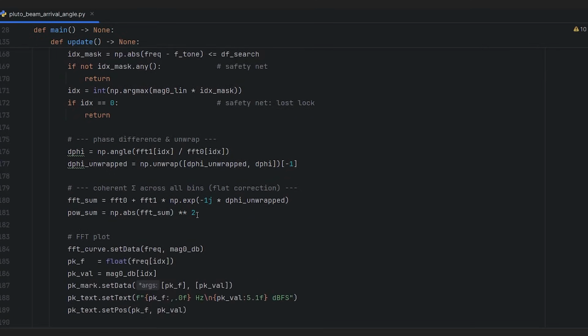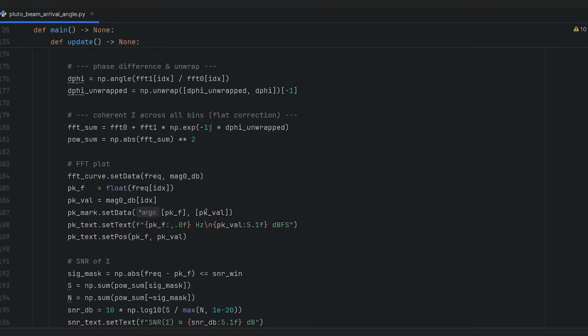Then what we need to do is first add the two received channels, basically because we know the relative phase difference between them. We just compensate the second channel with the minus of that relative phase, so that when we add them together, they add constructively and measure the receive power.